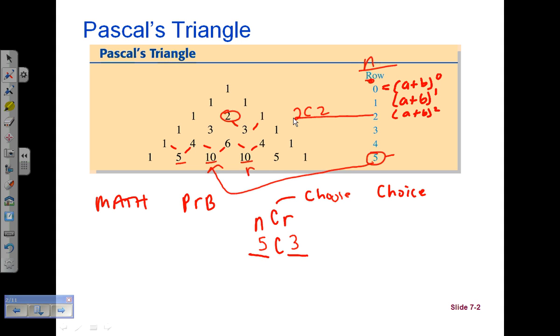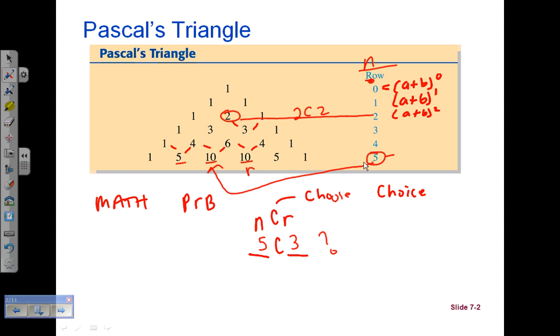Row 2, second term. Let me think about this for just a minute. Let's see. Math, probability, nCr 1. That's the first term, 3. I'll have to take a look at that. It worked on my other ones. I'll have to put a little side note on that.